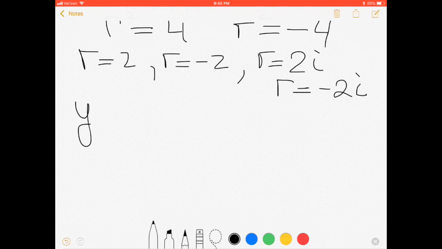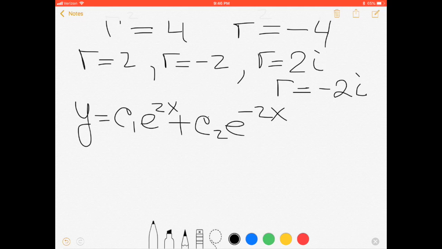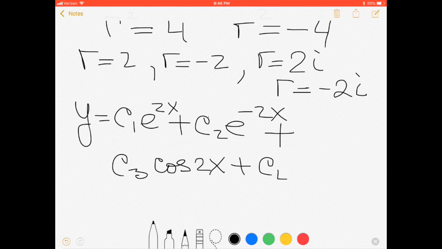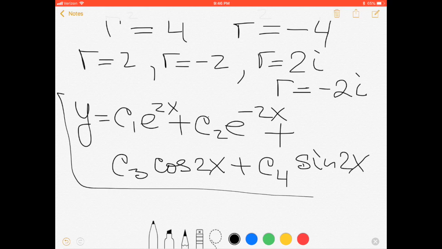Our solution will be C1 e to the x... C1 e to the 2x plus C2 e to the minus 2x plus C3 cosine 2x plus C4 sine 2x. This is our general solution.